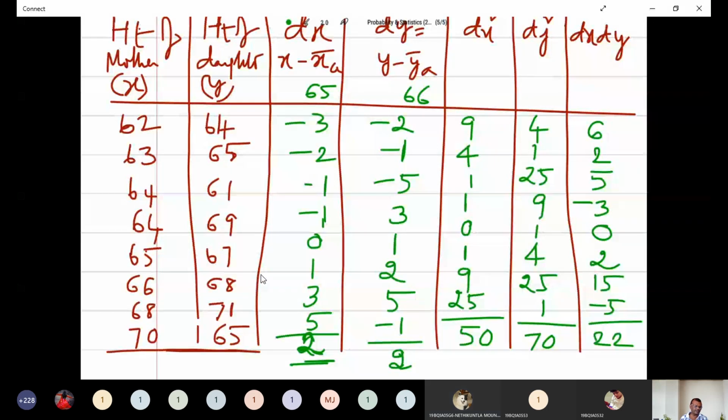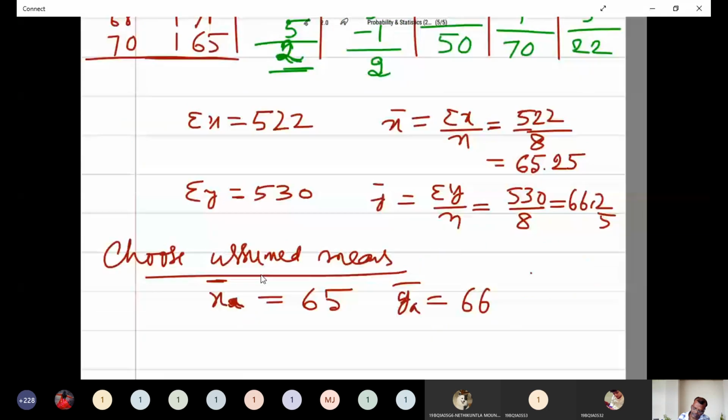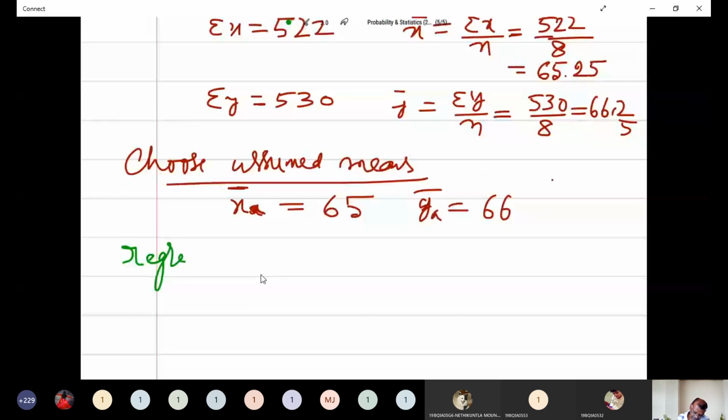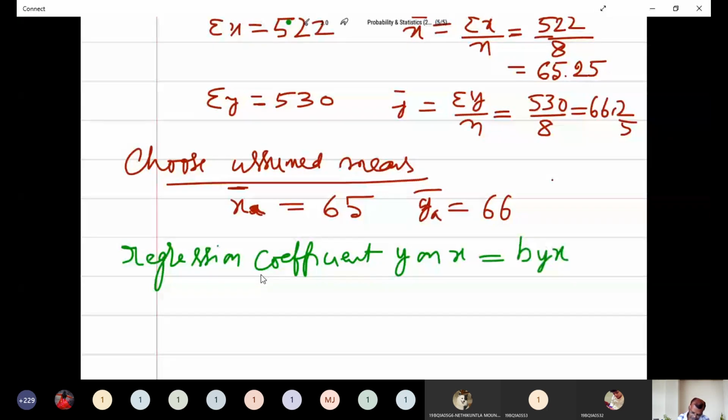Now we can find the regression coefficient y on x and the regression coefficient x on y. Okay. Now the regression coefficient y on x, that is byx, equal to r into sigma y by sigma x. What is the formula for this one?